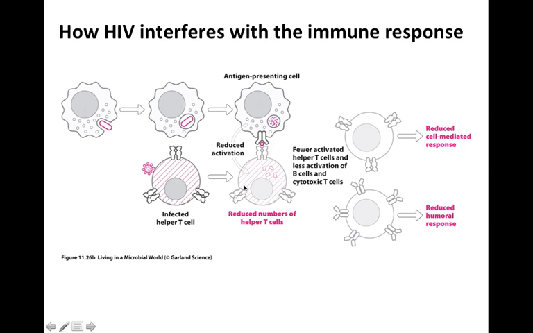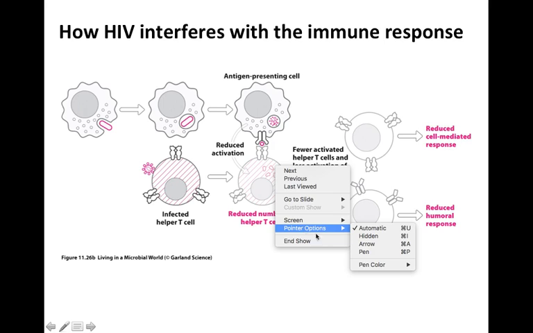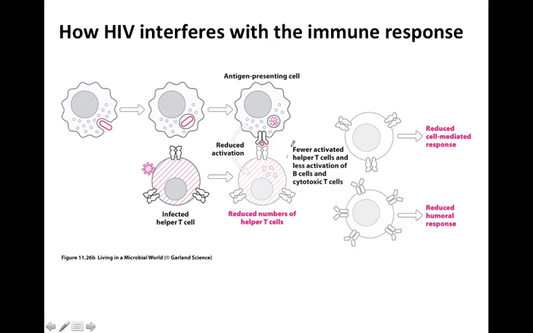Reducing the number of the T helper cells makes it so that you have less possibility to generate cytokines, which are needed to activate cytotoxic T cells and are also needed to activate those B cells like we talked about. So if you have a reduced number of T helper cells, you would have less chances of activating the cytotoxic T cells, and they're needed to kill virus-infected cells.